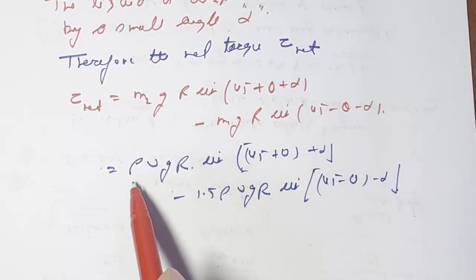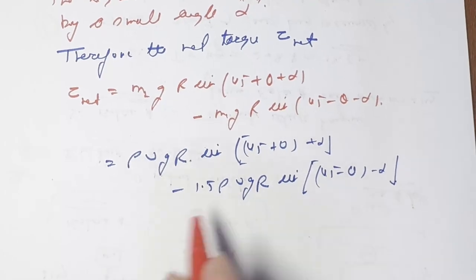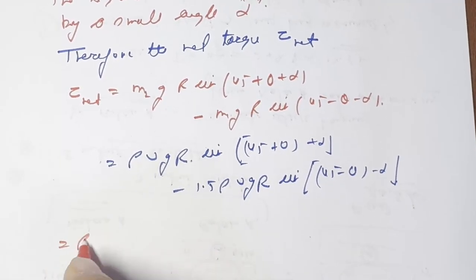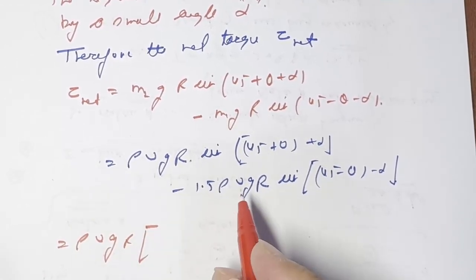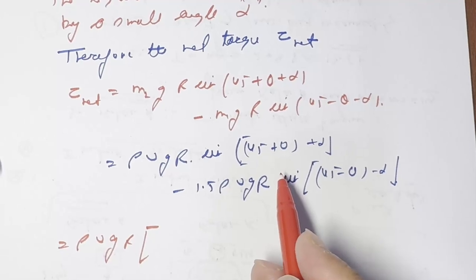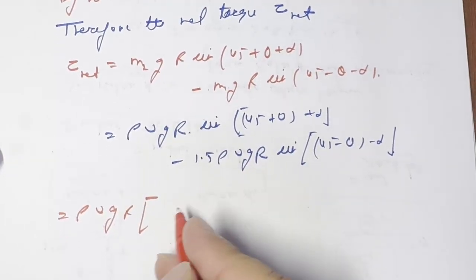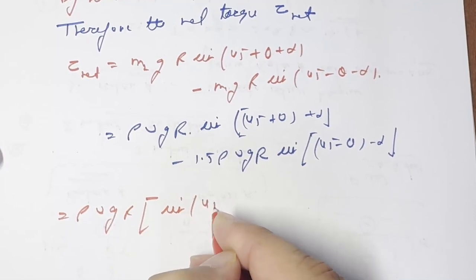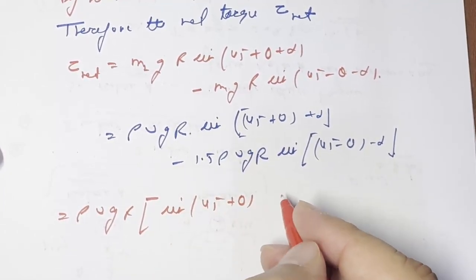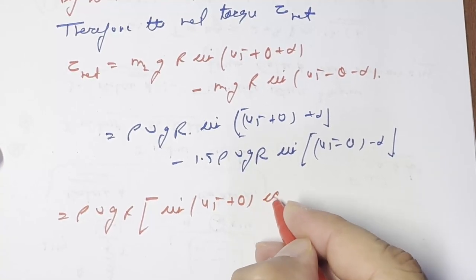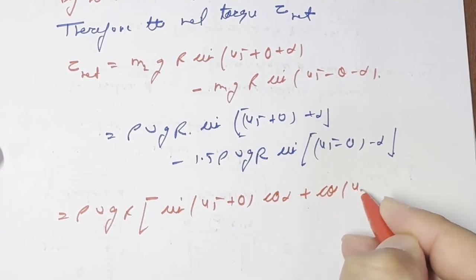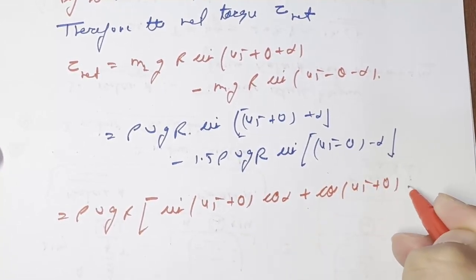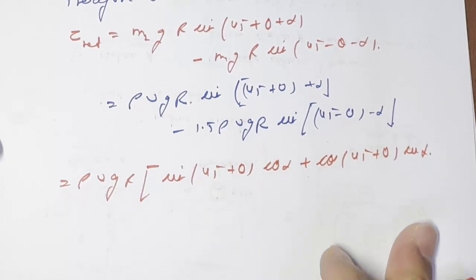So we can take rho V g r common from both the terms, and we are left with rho V g r, and we can open this using the trigonometric identity. We can write this as sine of 45 plus theta cos of alpha plus cos of 45 plus theta sine of alpha.